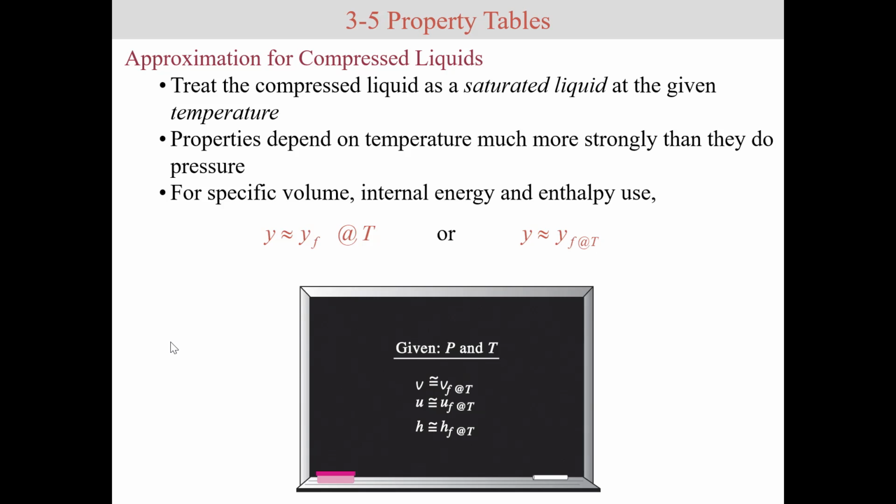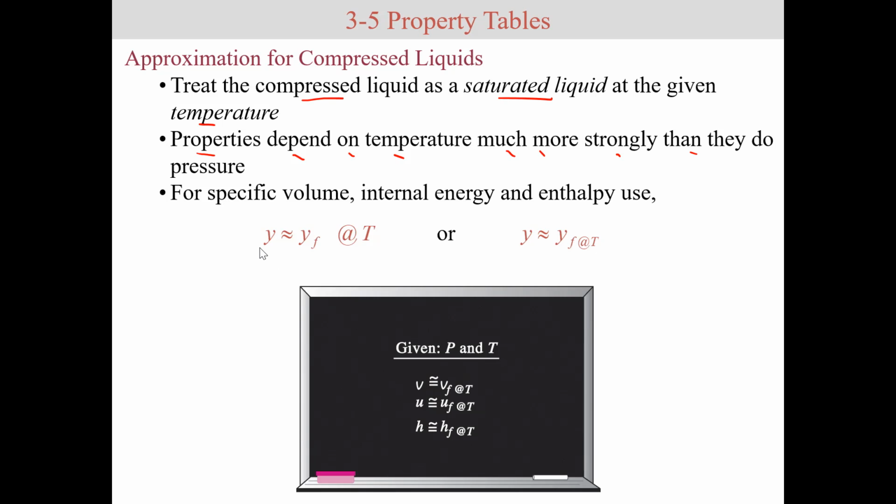And the reasoning is that when we look at properties, you're going to see that properties change more for varying temperature at a given pressure than they do for varying pressure at a given temperature. So the approximation is that my compressed liquid is a saturated liquid at the given temperature. And the reasoning again is that properties depend on temperature much more strongly than they do on pressure.